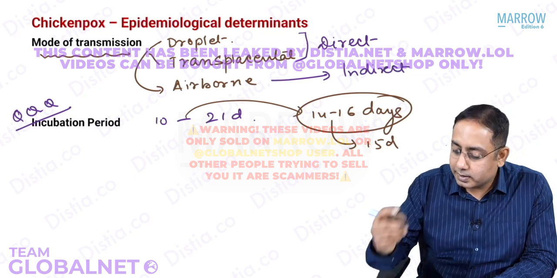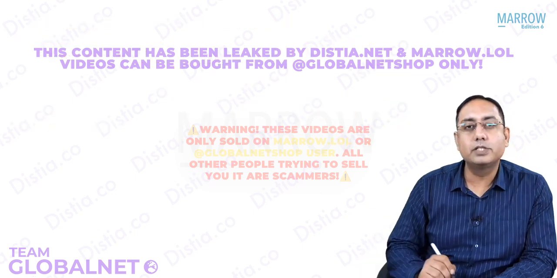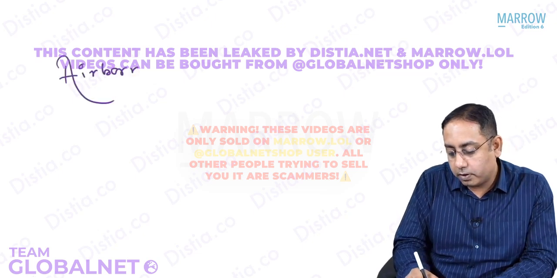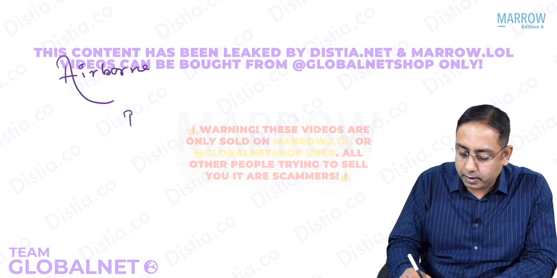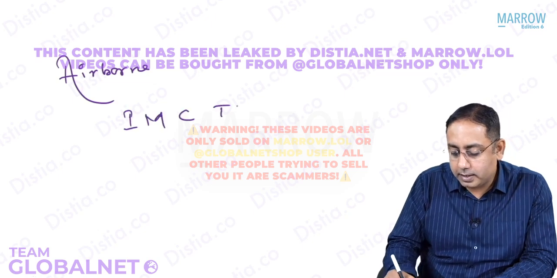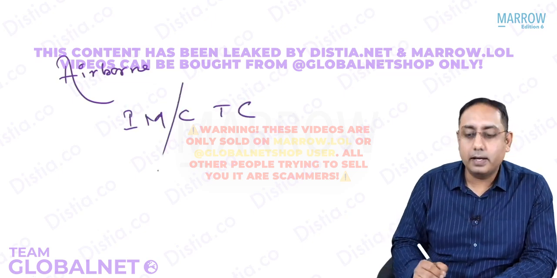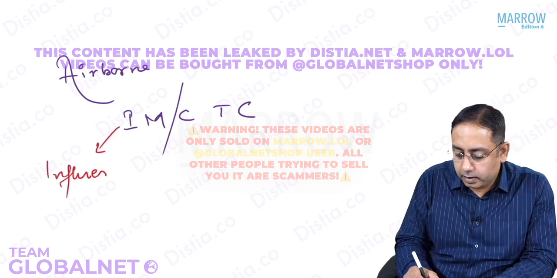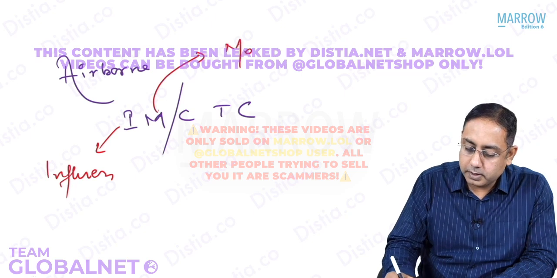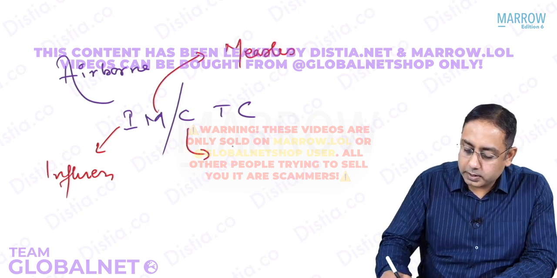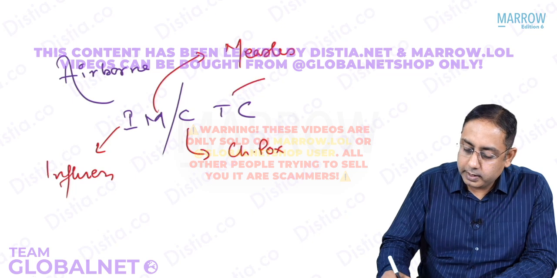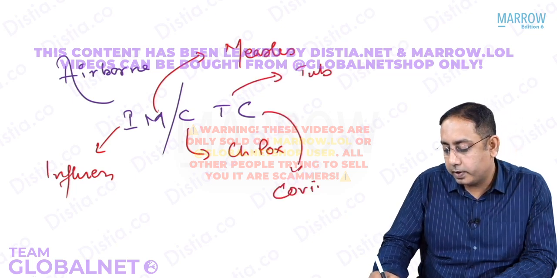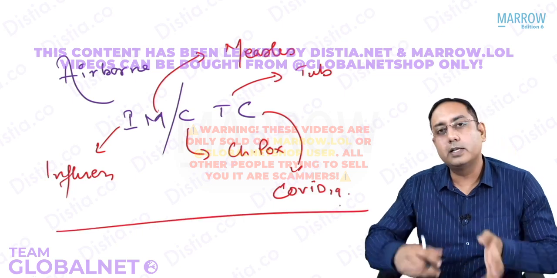This can be another MCQ: which infections have an airborne mode of transmission? Just remember IMCTC. I stands for influenza, M stands for measles, C stands for chickenpox, T stands for tuberculosis, and C stands for your favorite answer, COVID-19. Whatever happens today, the answer is COVID-19.